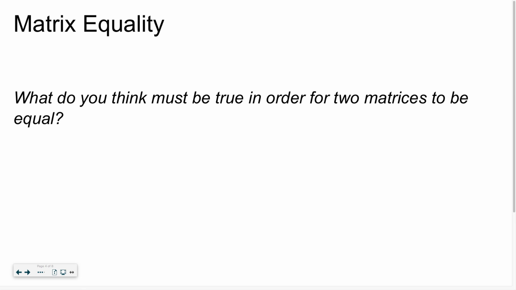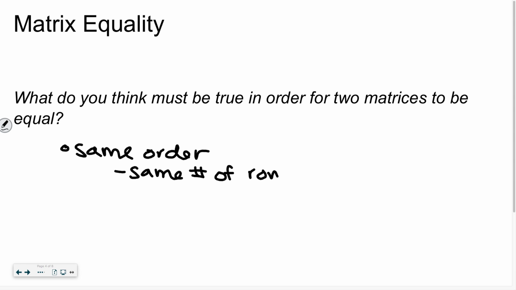Okay, what are some ideas that groups put out there? What should be true if two matrices are going to be equal? Just throw out an idea. It's okay if it's not right. Same order. Oh, I like that. So same order, and I heard some other groups being more specific. It has the same number of rows. It has the same number of columns.